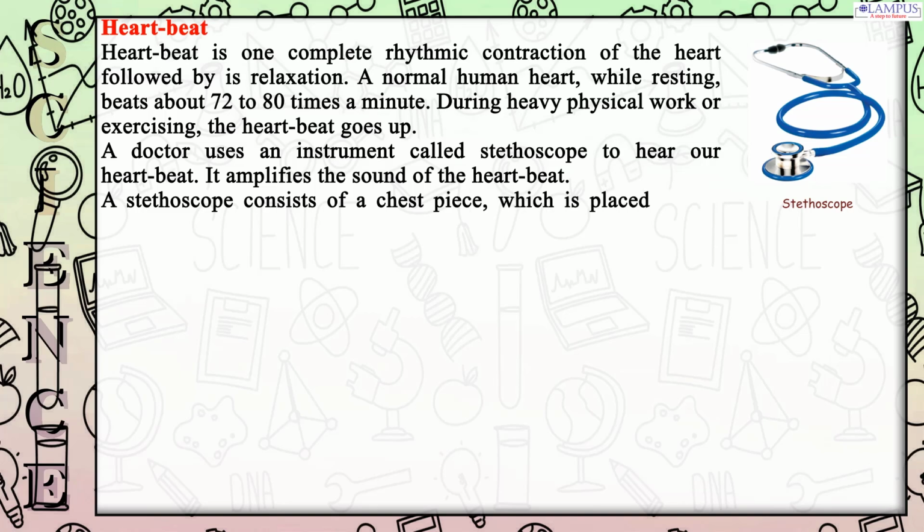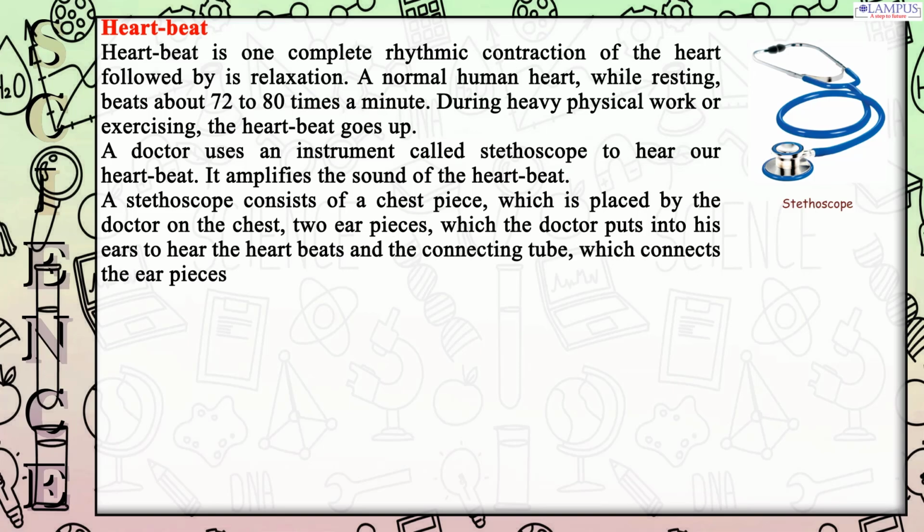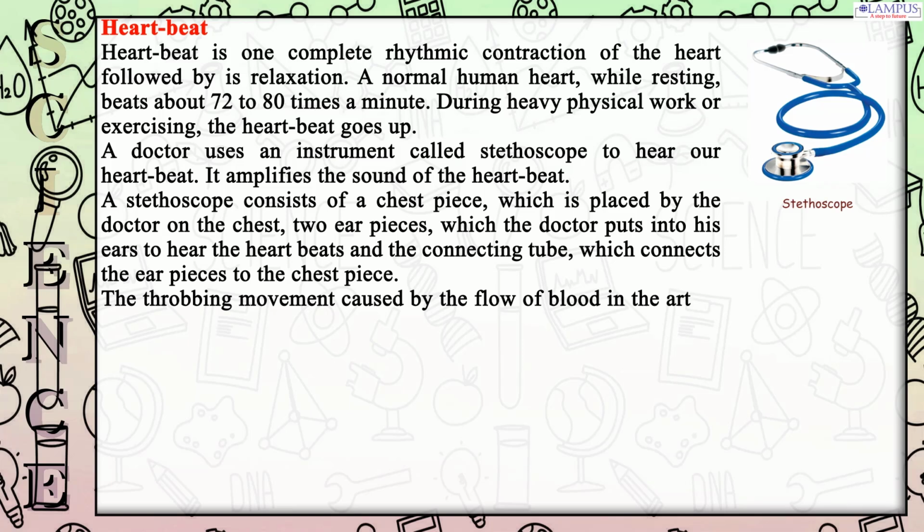A stethoscope consists of a chest piece, which is placed by the doctor on the chest, 2 earpieces, which the doctor puts into his ears to hear the heartbeats, and the connecting tube, which connects the earpieces to the chest piece. The throbbing movement caused by the flow of blood in the arteries is called pulse.